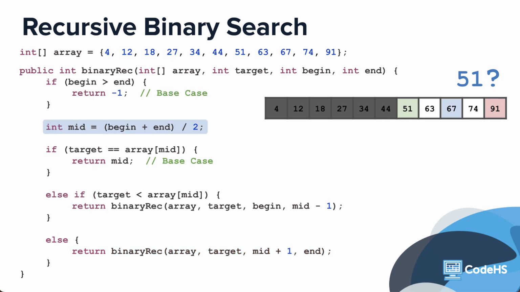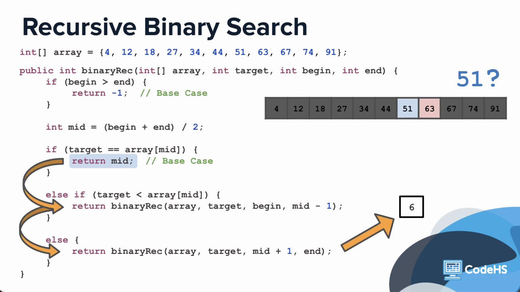The midpoint index is calculated again, the target value is now less than the midpoint value, and the method is called recursively again with a different ending index. The midpoint index is calculated. This time, the target value equals the midpoint value, so the midpoint index of 6 is returned. This value is now sent back through the series of return statements in reverse order, returning the index of 6 to the original call statement of this method.